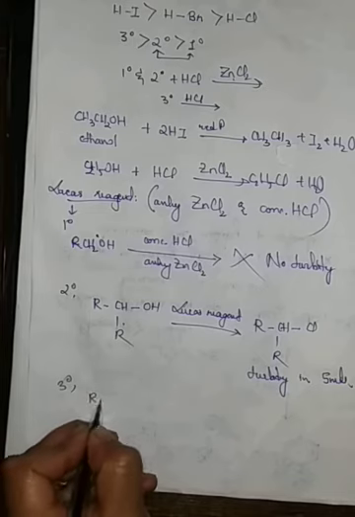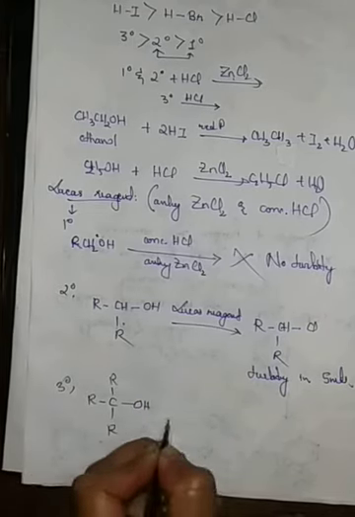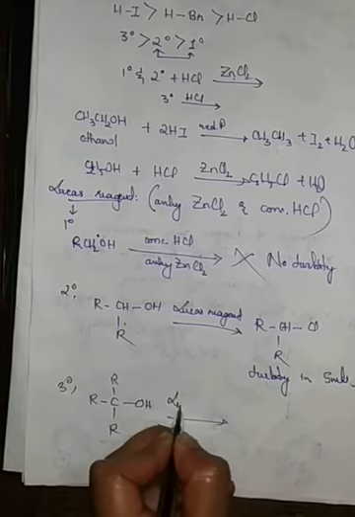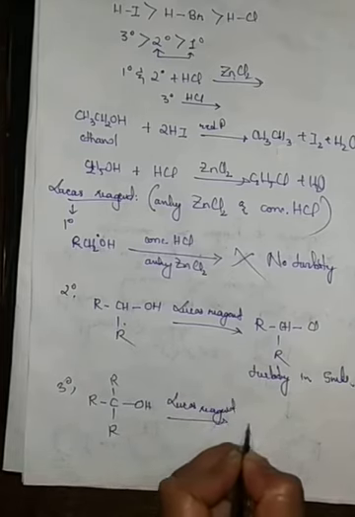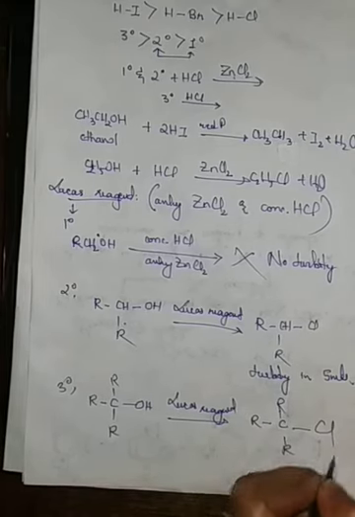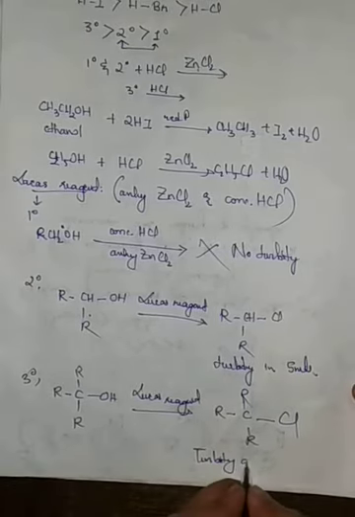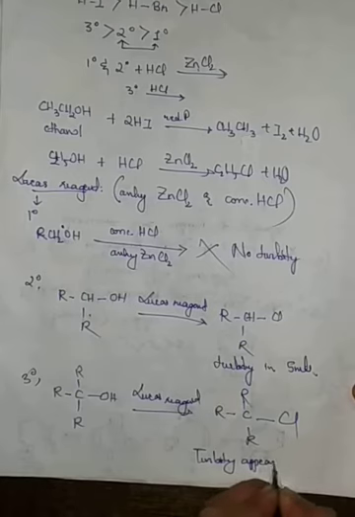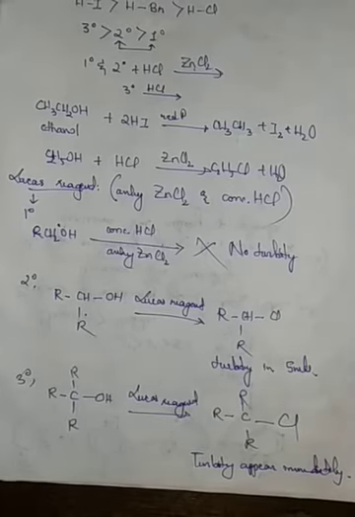Now for tertiary alcohols, when our tertiary alcohol reacts with Lucas reagent, we get a tertiary haloalkane. Here the turbidity appears immediately in tertiary alcohols.